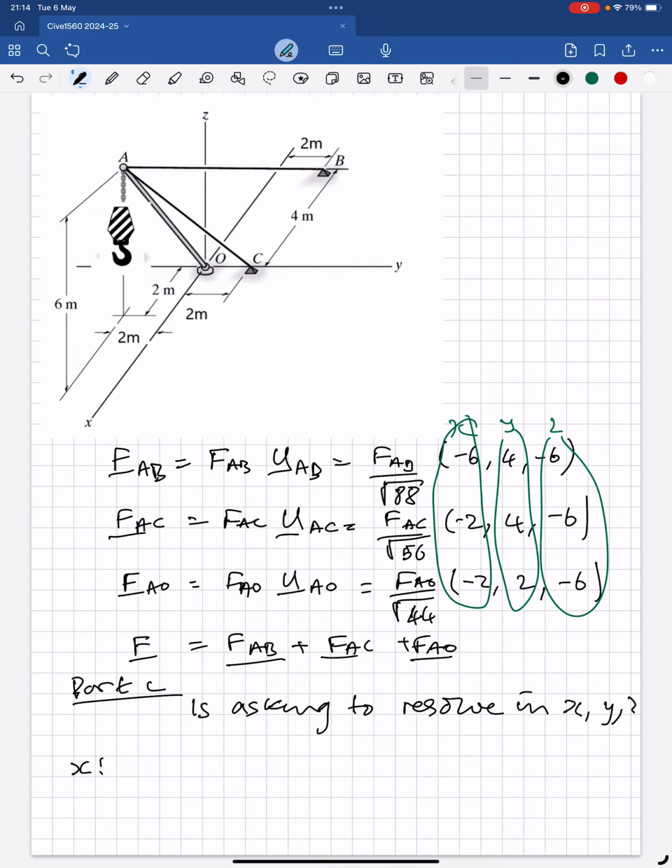Have I got these correct? Let me see. Oh yeah.